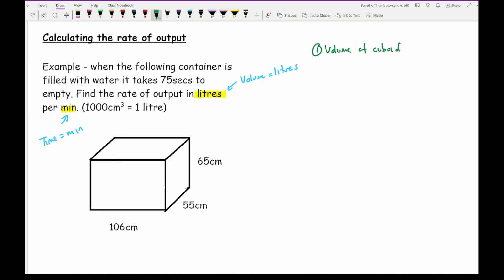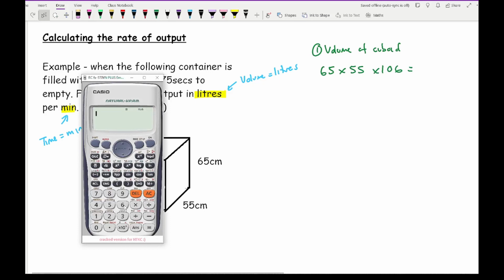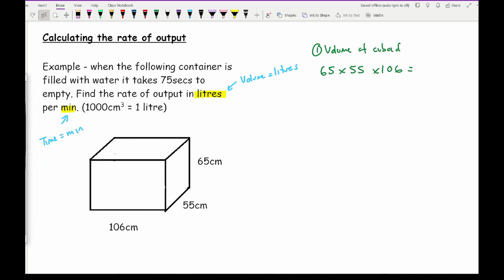And how do I do that? Well, I just multiply all the dimensions, which are in the same units, by each other. So here, if I get the calculator out, this is going to give me a pretty big number. So I've got 65 times 55 multiplied by 106, which can be multiplied in any order, which gives me 378,950 centimetre cubed.